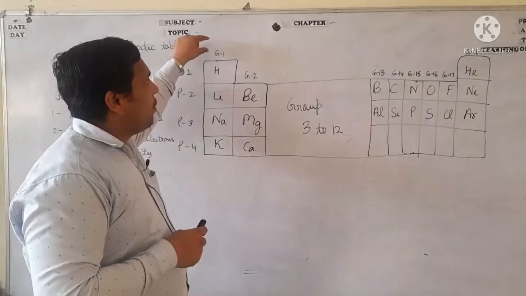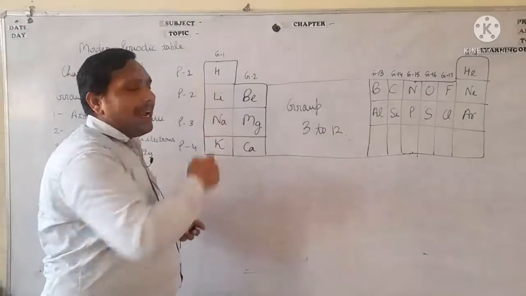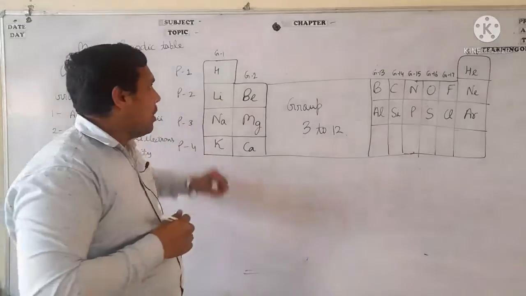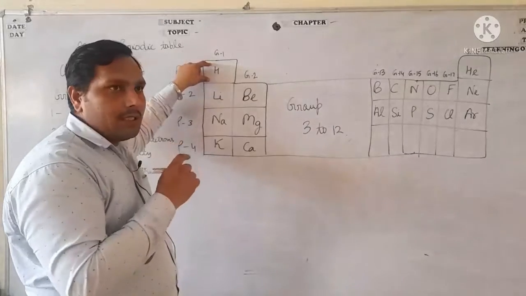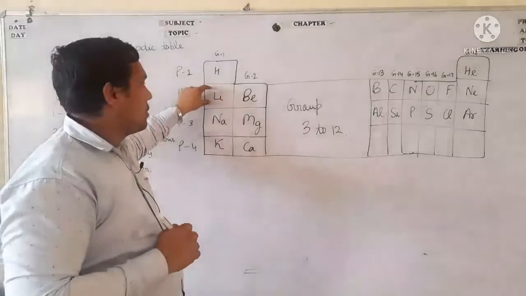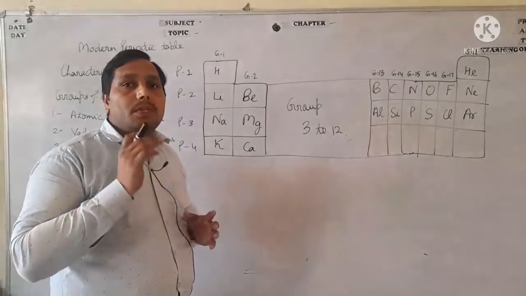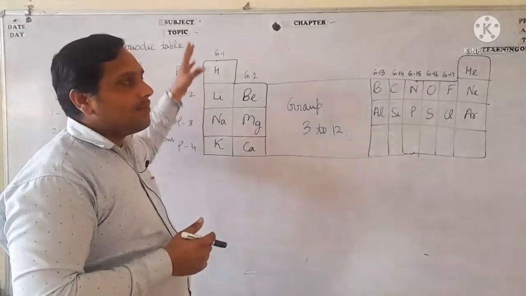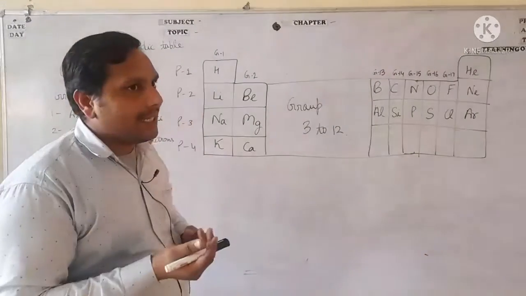If we go in a group from top to bottom, then the atomic size continuously increases, and also the ionic size, because hydrogen has only one orbital, lithium 2 orbitals, sodium 3 orbitals. So, due to the addition of new shells in the elements in a group from top to bottom, atomic radii continuously increase.